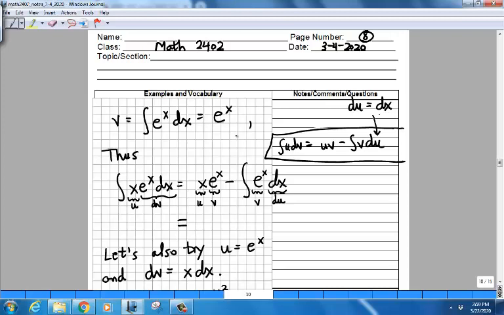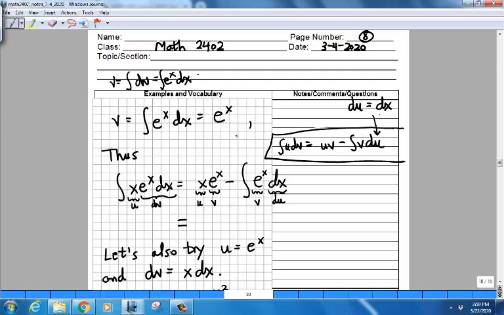So our integration by parts formula says this antiderivative is going to be u times v. Well, of course, u is x. And what is v? We know what v is, correct? Don't forget, v is going to be the antiderivative of dv, but we said dv was e to the x dx.